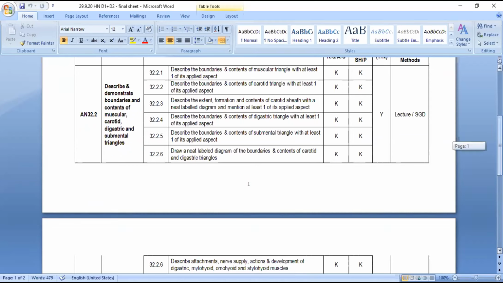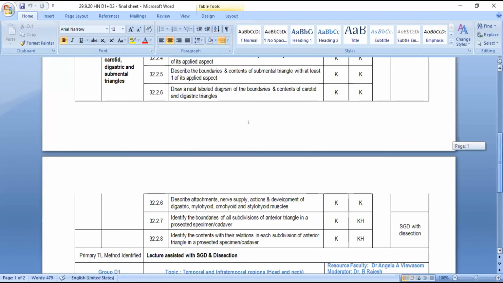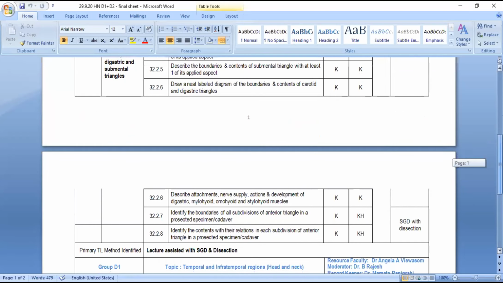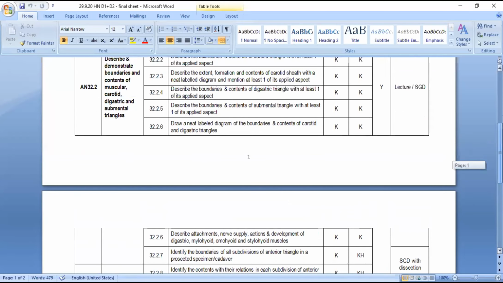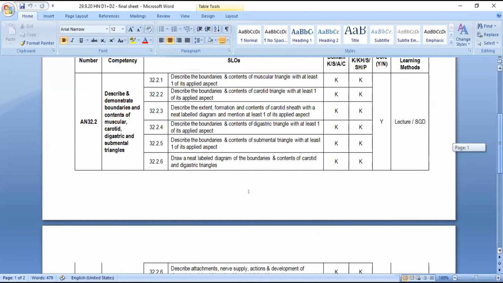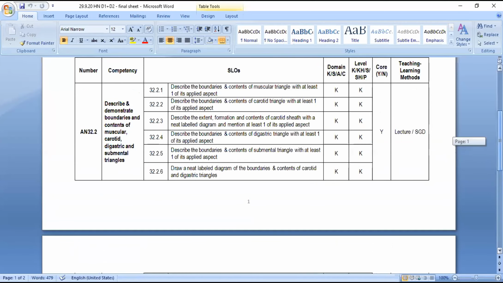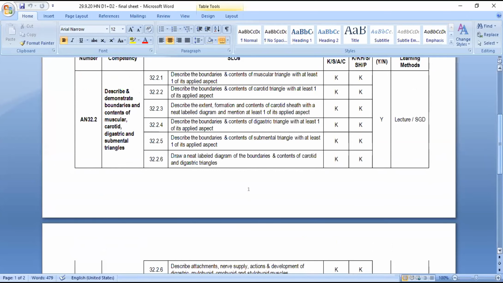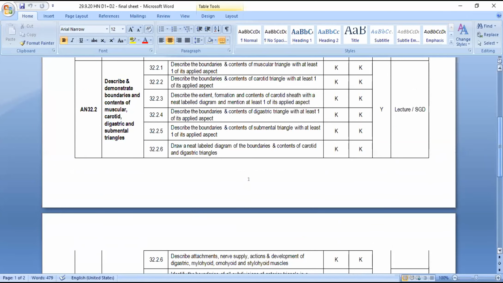Yes, ma'am. Okay. So if you have given, probably she means that ansa cervicalis should be mentioned separately. This everyone can discuss. Yes, I think, ma'am, we can mention it separately. Ansa cervicalis, we can add that SLO, ma'am, as a separate SLO. You can ask for formation and even identification. Both can be done.